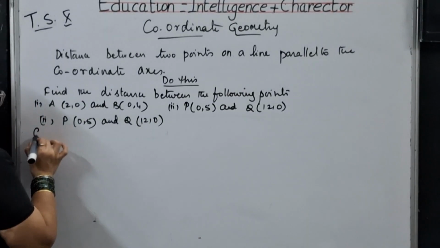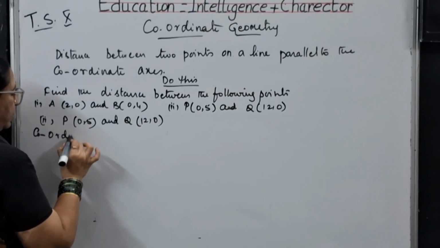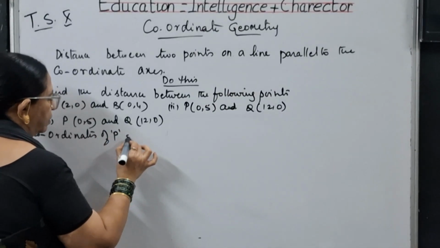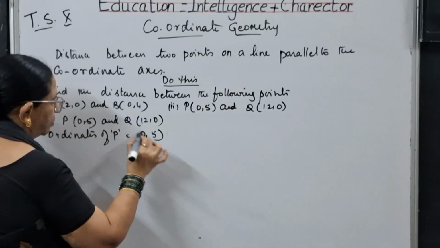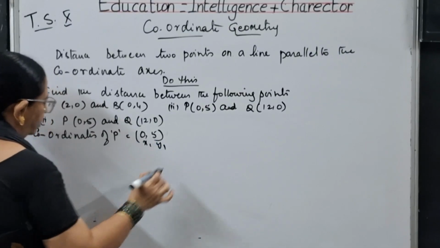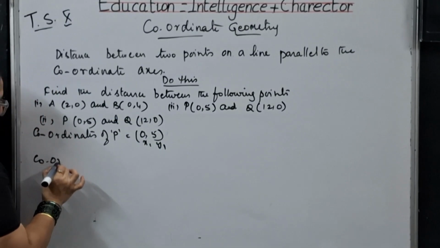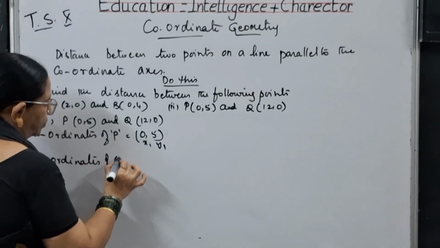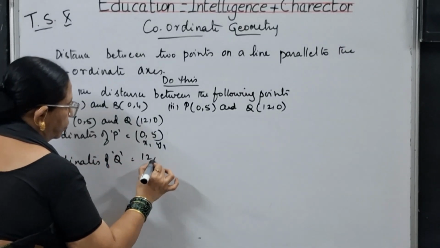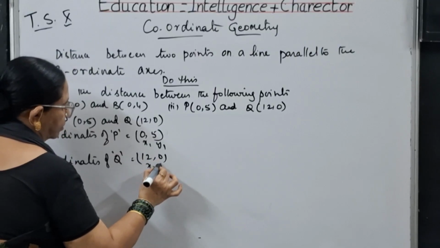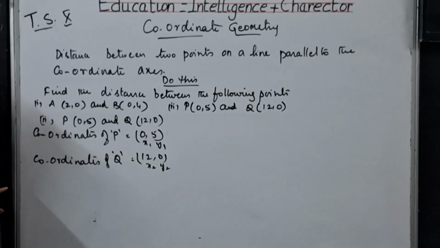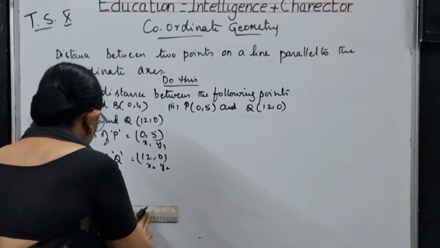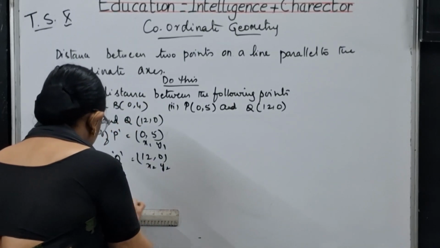So coordinates of P is equal to (0, 5), x1 y1. Coordinates of Q is equal to (12, 0), x2 y2. Now just like the earlier problem, let us draw the x and y coordinates here.